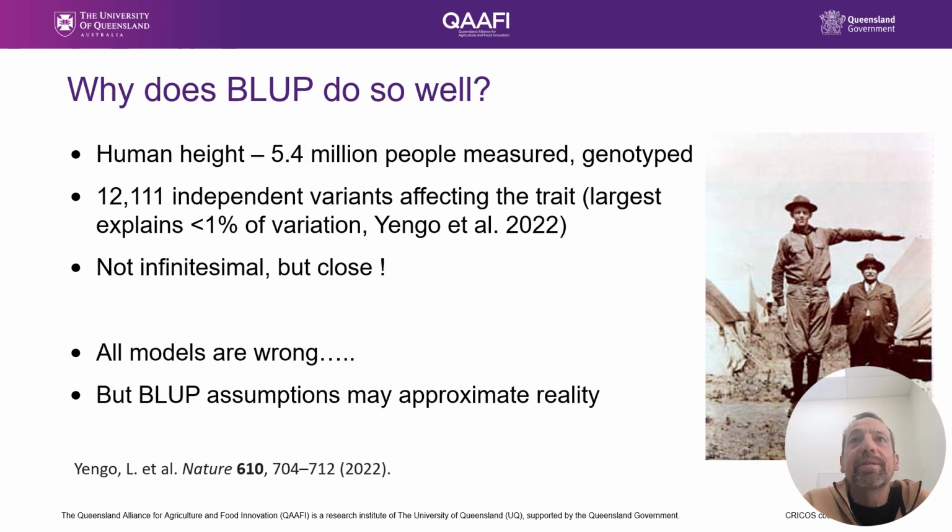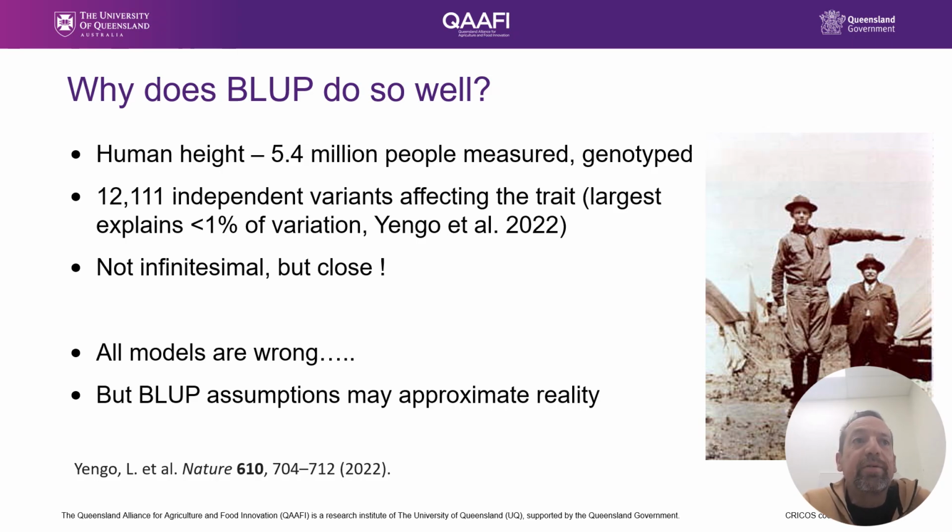When that data set was analysed, there were 12,000 independent variants affecting the trait, and the largest of these explain less than 1% of the variation. So that's not infinitesimal, but it's quite close. Very large number of effects, all with a small size.